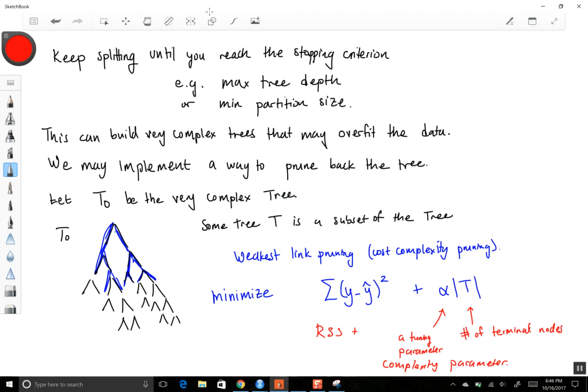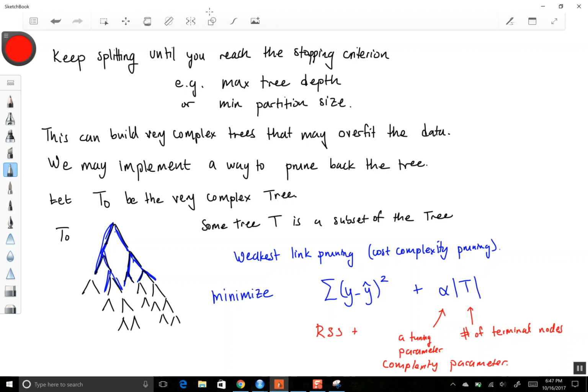Is the alpha just random? It's not. We would actually use cross-validation to pick the alpha that we would want to use. Last week, for cross-validation, we said you split the data into maybe 10 chunks, and each time you would use 9 out of those 10 chunks.